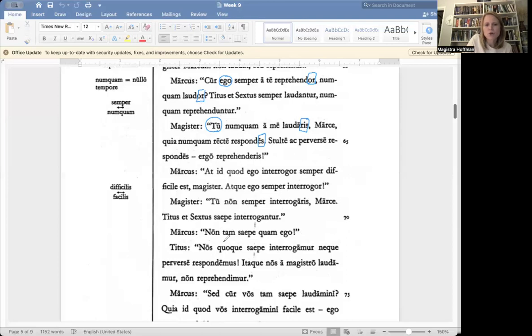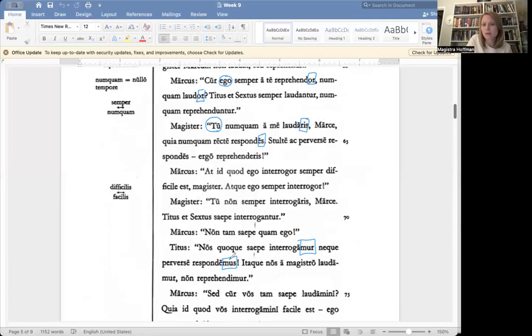Titus says, "Nos quoque saepe interrogamur neque perverse respondemus." Okay, so we've got some endings here. We have mus and we have mur. What is the difference between these two? Can you say them? Right? The mur is passive and the mus is active.